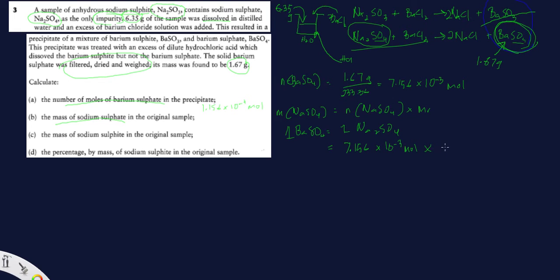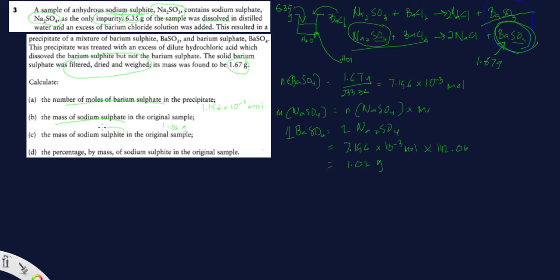Multiplied by the molar mass of sodium sulfate, which is 142.06, that would give us a mass of 1.02 grams. It's actually 1.017 grams, which I've rounded off to 1.02 grams, and that would be the answer for this. Okay, that's done.